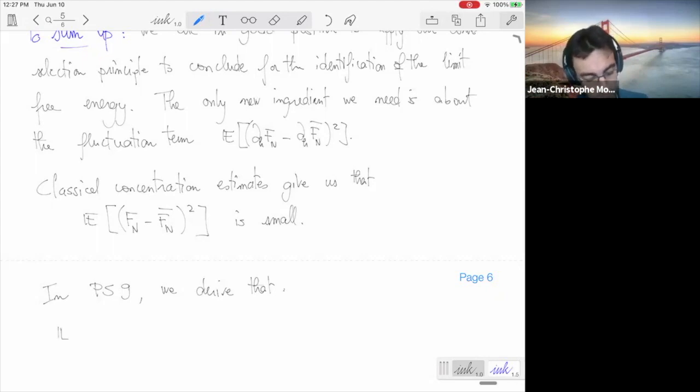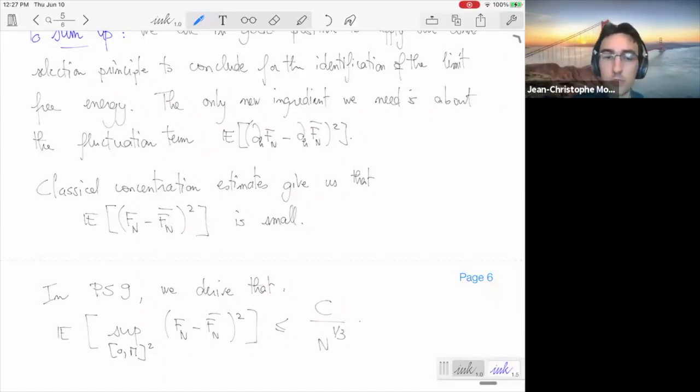That's, let's say, the expectation of the sup over any bounded region, let's say in m, of fn minus fn bar squared. And this is bounded by, so in the problem set, we get n to the 1/3 because I try to just use the most elementary techniques that we can imagine. This is not the optimal statement, but in practice, we don't care. All I want to know is that it goes to 0 as n goes to infinity.